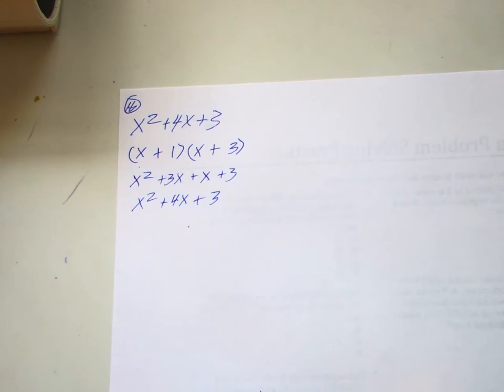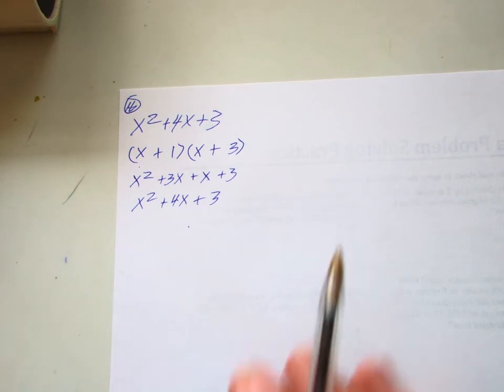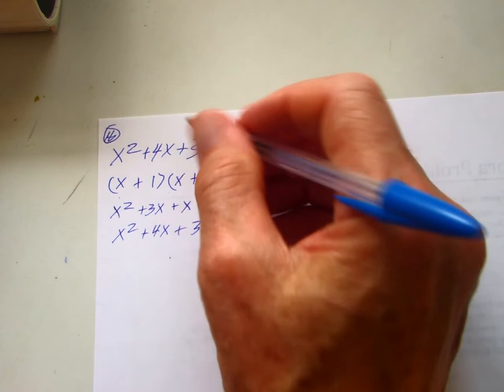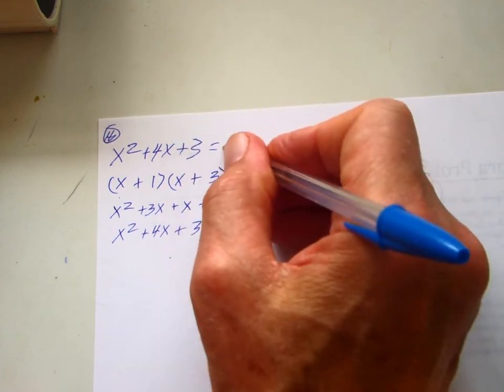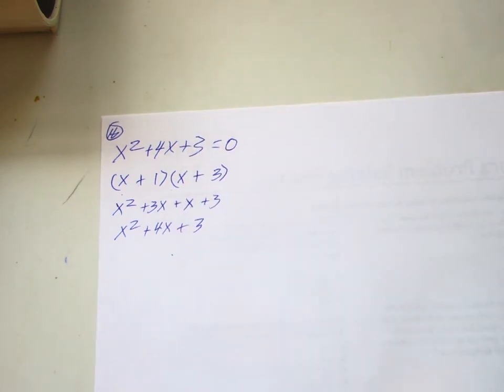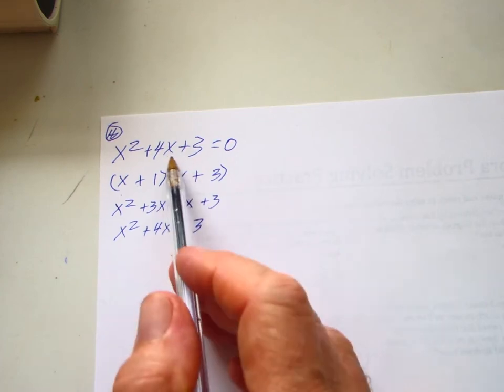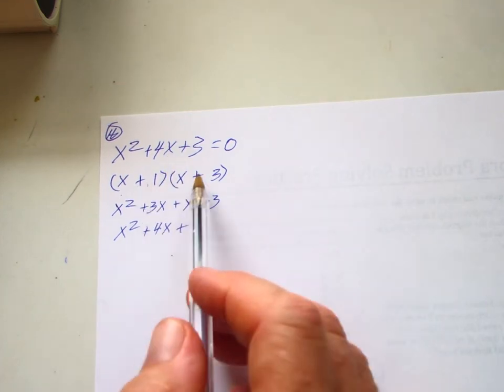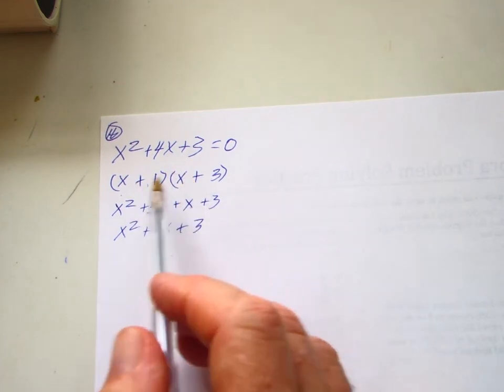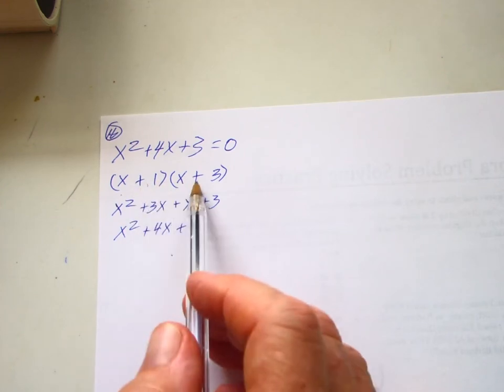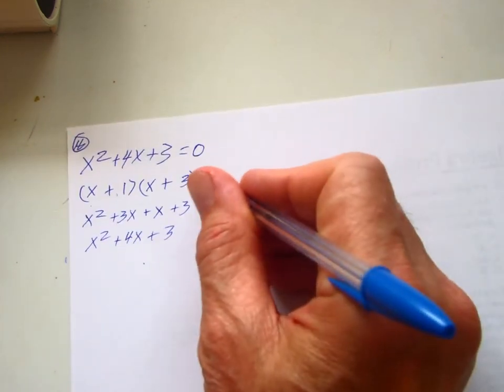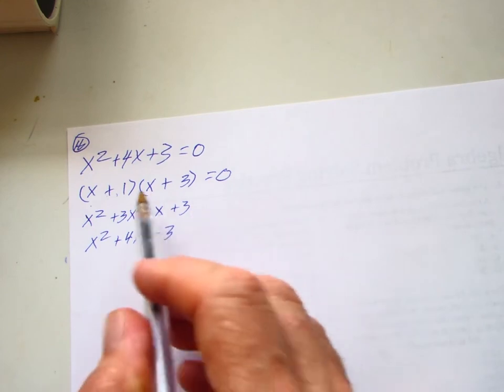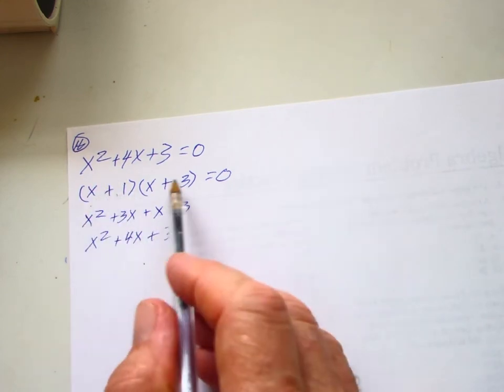Now, why are we learning how to do this? Because you will have problems later that you have to solve to find out what the x is. So you might have a problem where this is equal to 0. And if you can take this and break it down to two polynomials multiplied together equals 0, then you know that either this is 0 or this is 0.